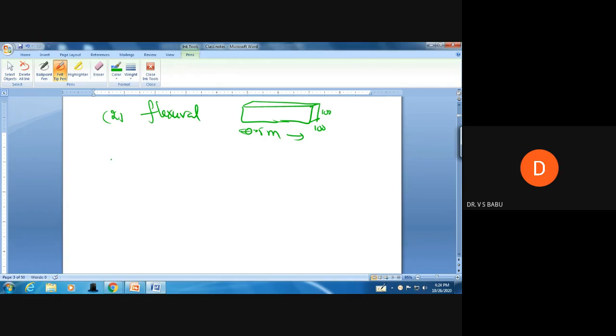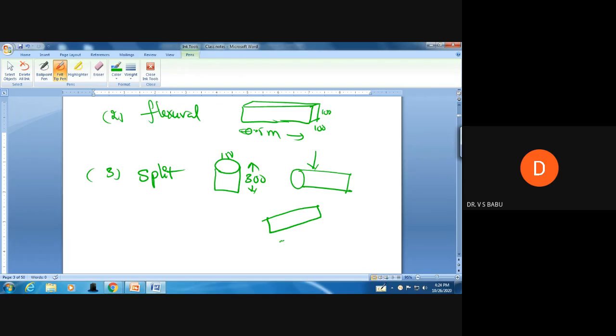And the third one is split tensile. That means split tensile strength, we have to cast it. For this we test the cylinders. Normally the cylinder size is 300 mm by 150 mm diameter. What they will do, suppose this is the cylinder, they will apply the load and the cylinder will break into two halves.